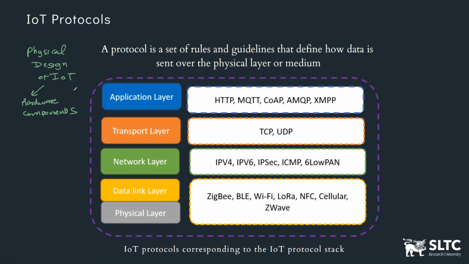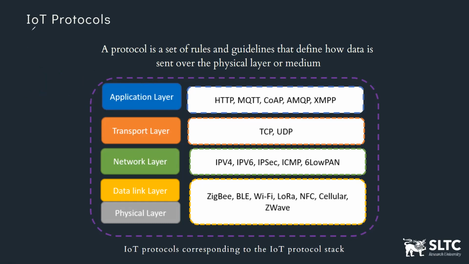And now we are going to talk about the IoT protocols. IoT protocols are also essential when we are doing the hardware implementation, or I can call it the physical implementation, of the IoT network.